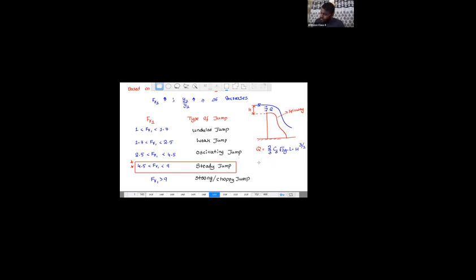Now, where Cd is the coefficient of discharge, L is the length of the weir or dam, and H is the head of water above the weir crest.